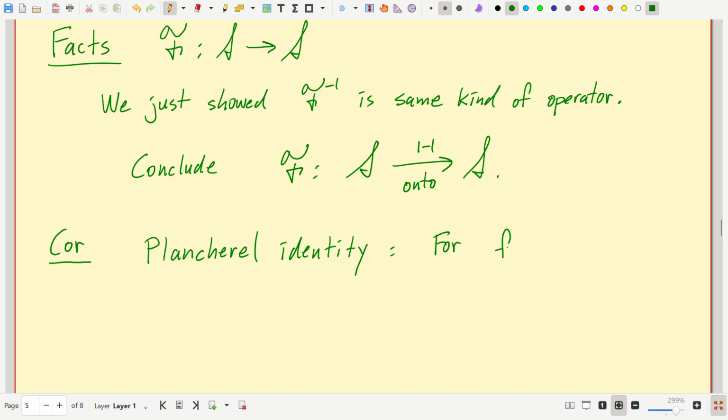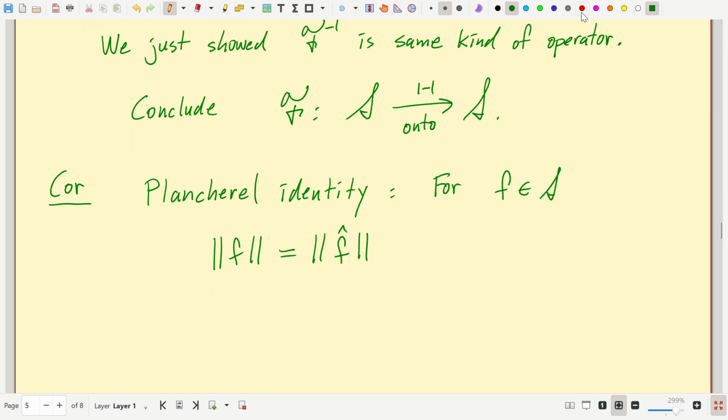For f in the Schwartz space, the L2 norm of f is equal to the L2 norm of the Fourier transform. That's the L2 norm on R. Namely, that would be the integral from minus infinity to infinity of f squared dx to the 1/2.